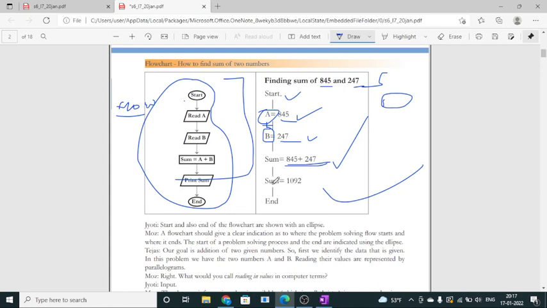Then we'll print the sum, which is 1092. And this is the process.